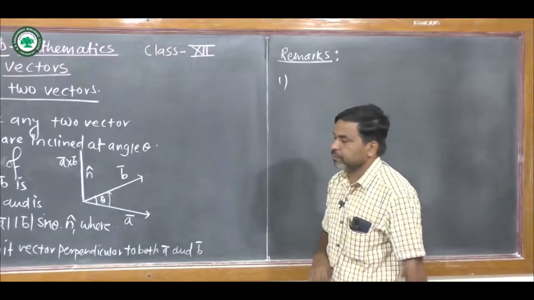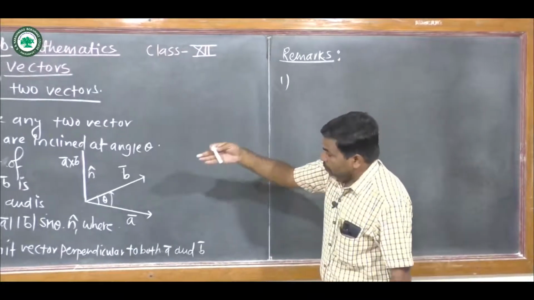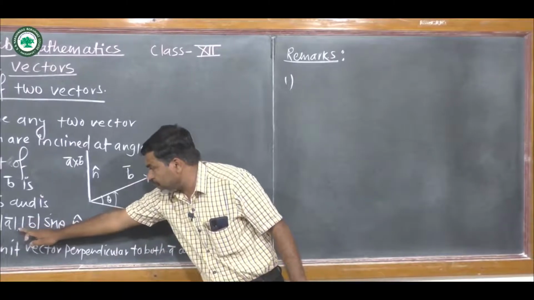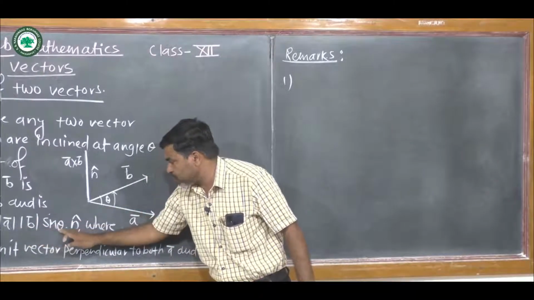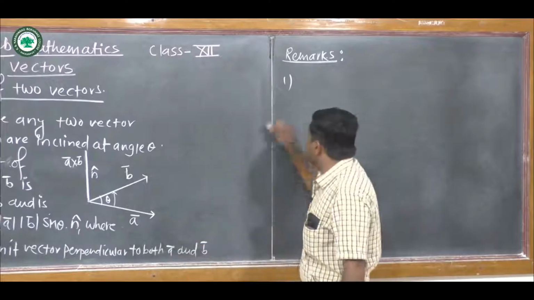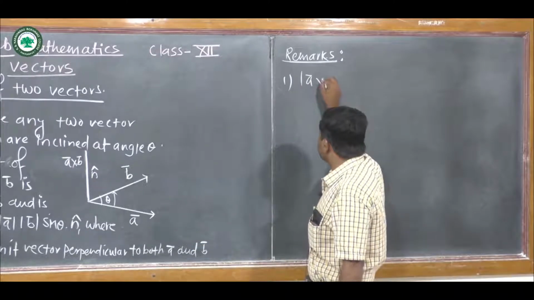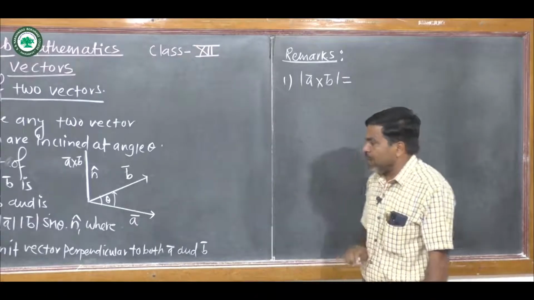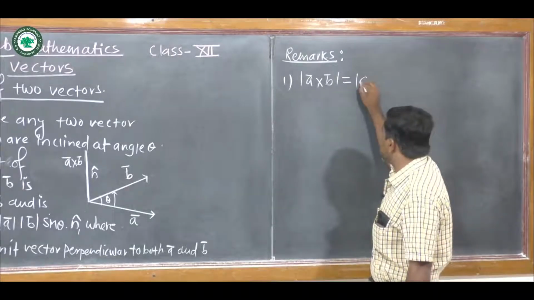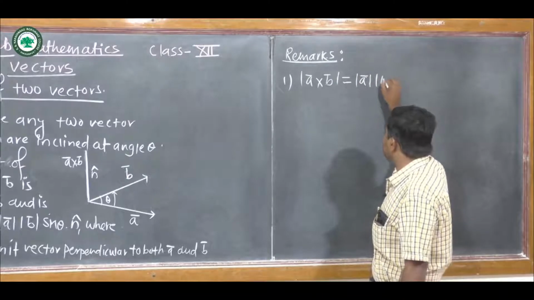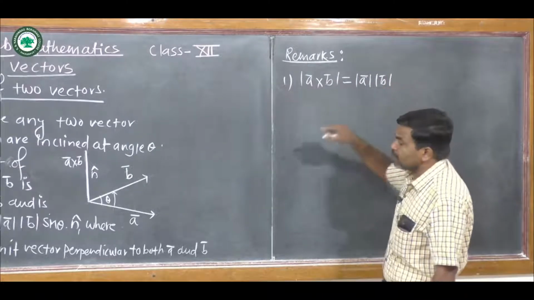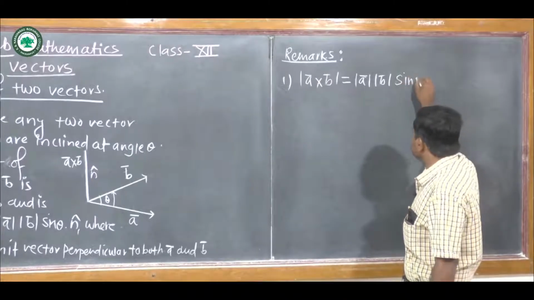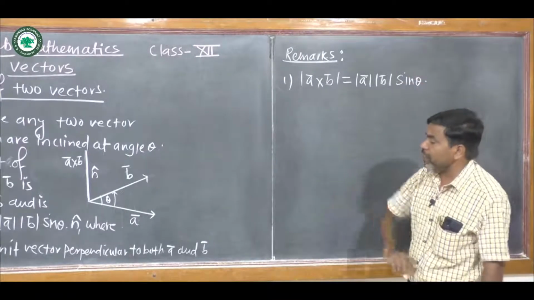First, we know the definition of A bar cross B bar: A bar cross B bar is equal to magnitude of vector A into magnitude of vector B into sine theta into n cap. So the magnitude of A bar cross B bar is equal to magnitude of vector A into magnitude of vector B into sine theta, which is scalar, into magnitude of vector n cap.